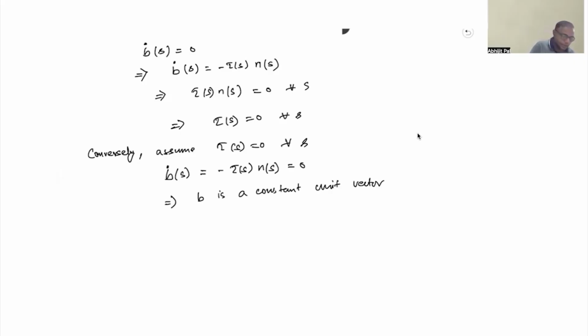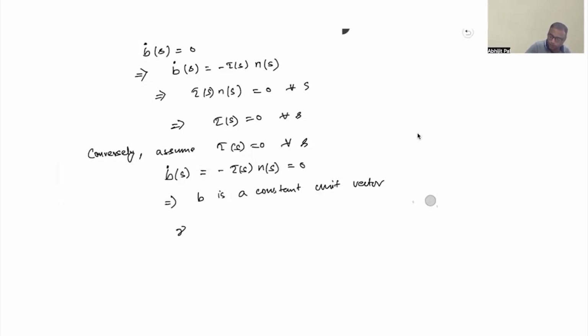So B is a constant unit vector. What we want to show is that there exists a plane, something like r dot B equals d, where this curve gamma will belong.